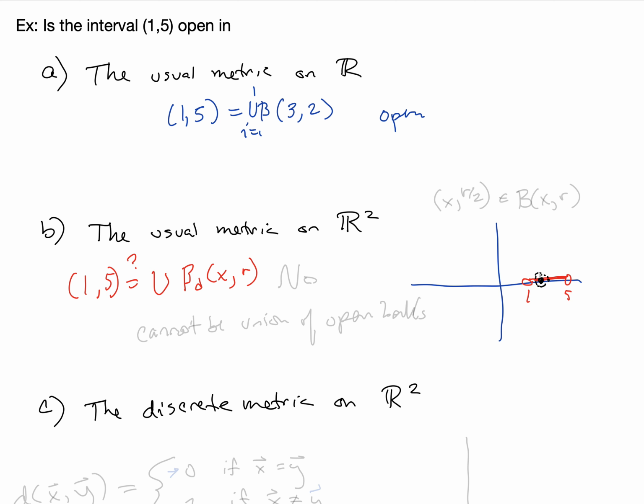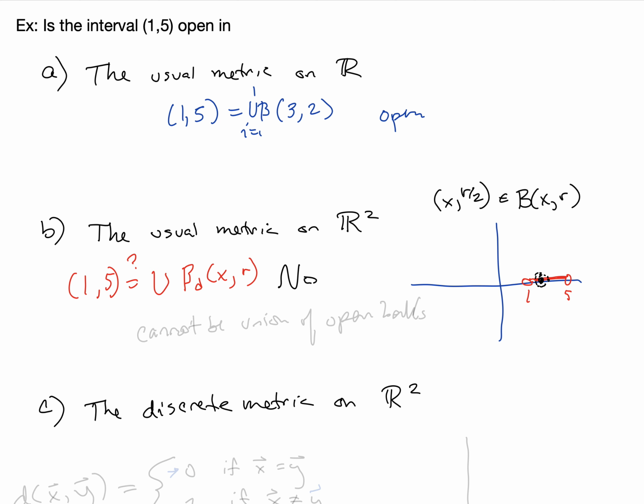So if we think about any ball of radius r centered at x, then the point, let's say (x, r/2), is going to be an element of that open ball, and therefore it cannot be the case that just that line segment is a union of these open balls, because it's going to contain things outside of this line segment.